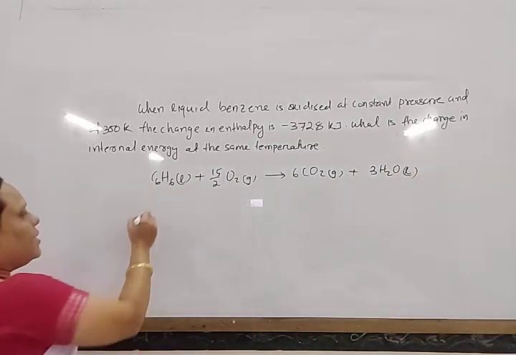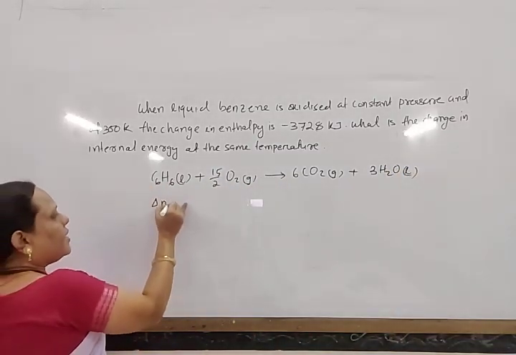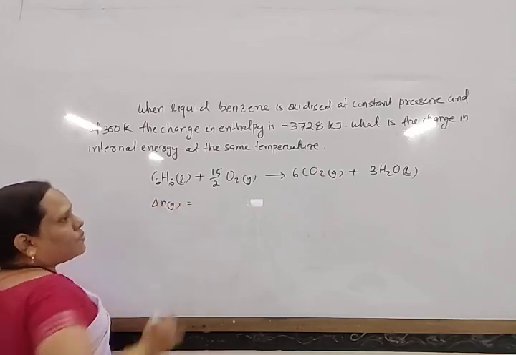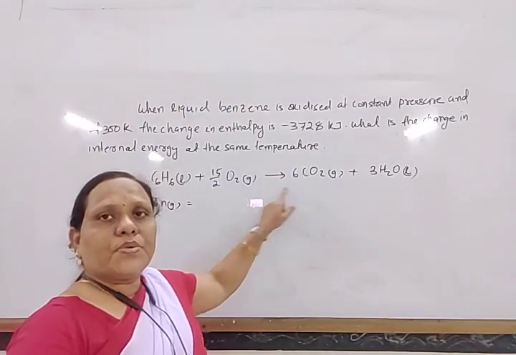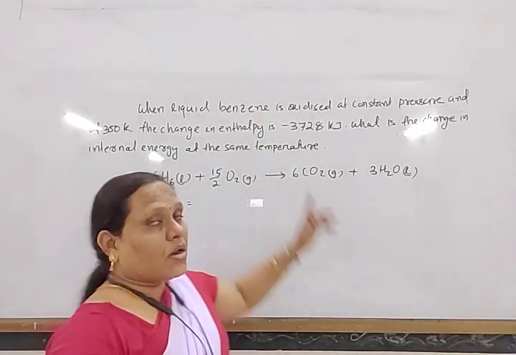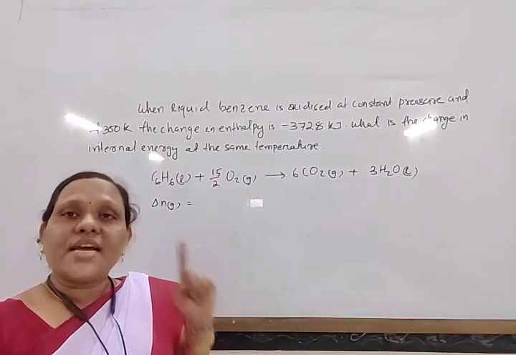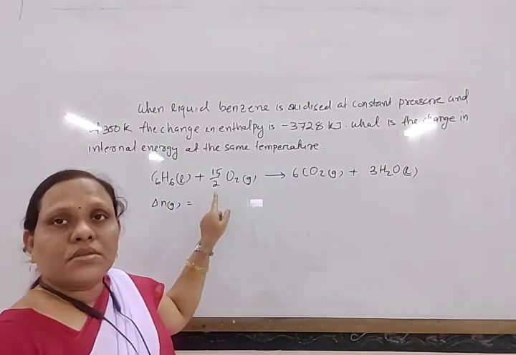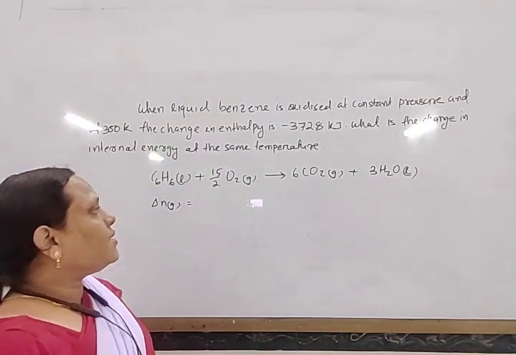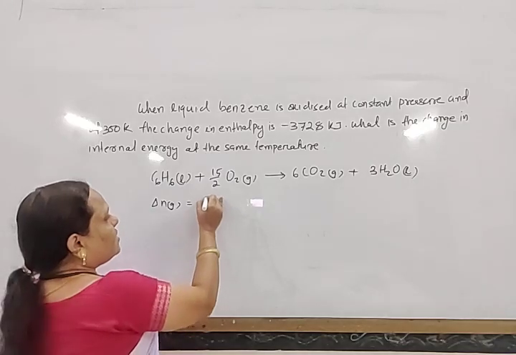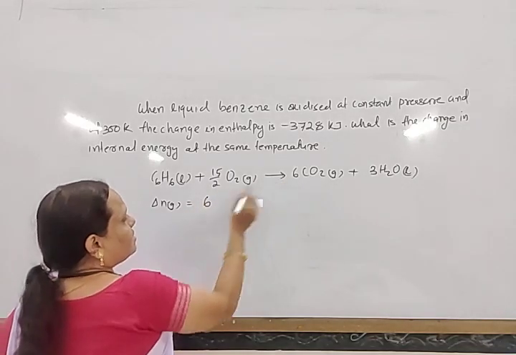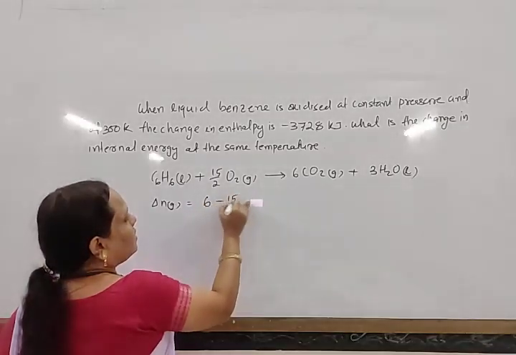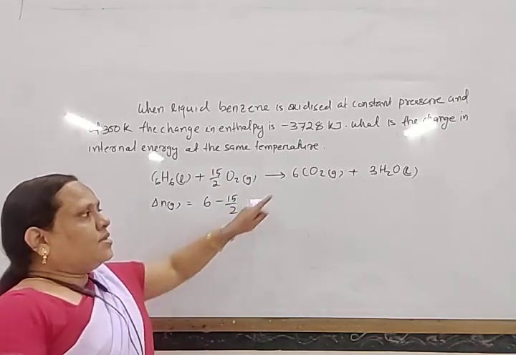Then what is del Ng? It is the number of moles of product minus the number of moles of reactant, but we only have to consider the gaseous moles. Number of gaseous moles of product minus number of gaseous moles of reactants.